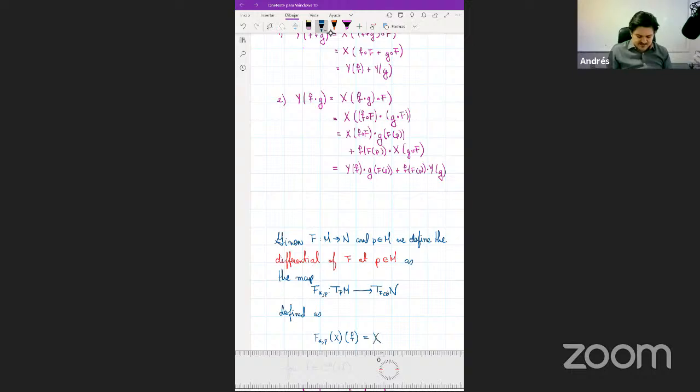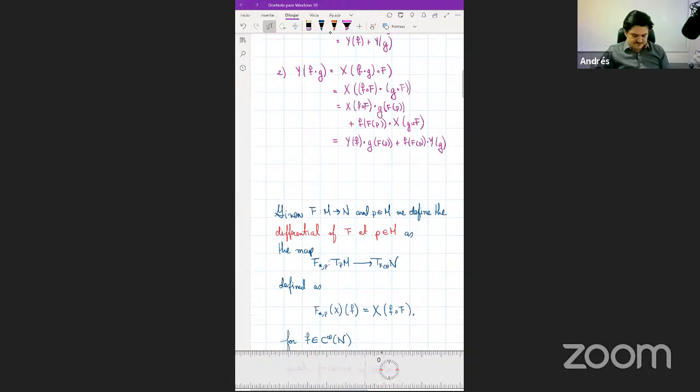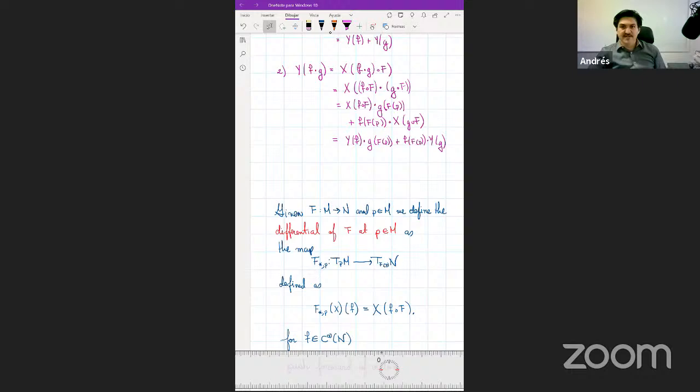It will be X, okay? By the above computation, this is a derivation, so it belongs here. And that's the definition of this new vector.